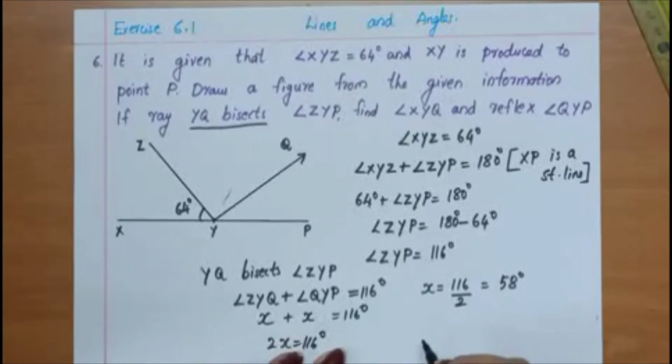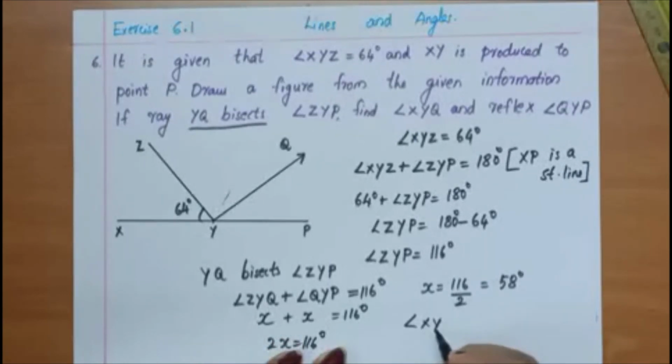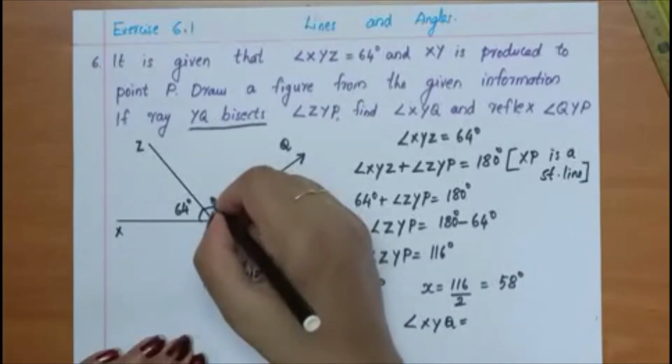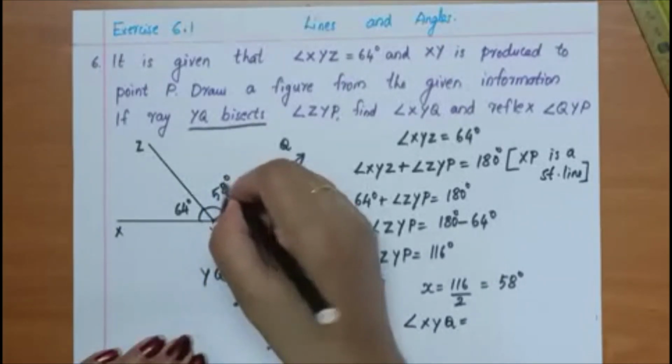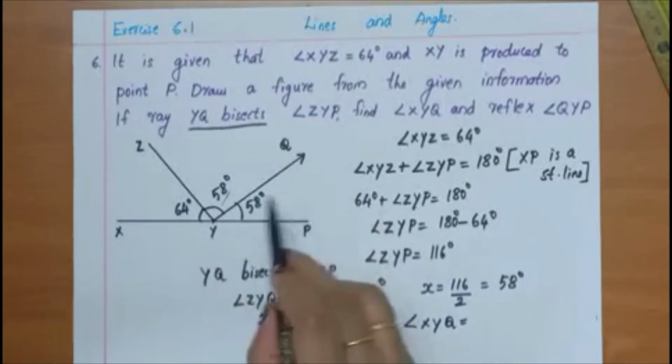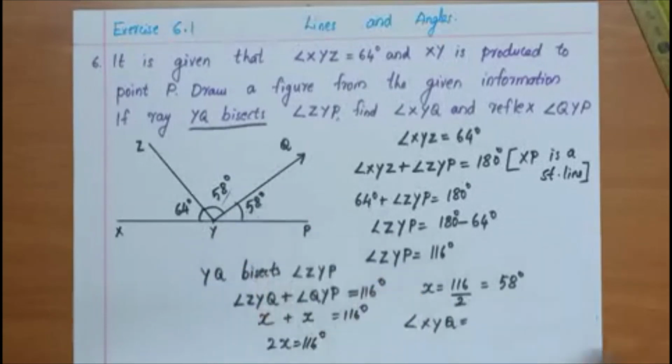So we got this angle 58 degree, and also this one 58 degree: ZYQ 58 and QYP 58.